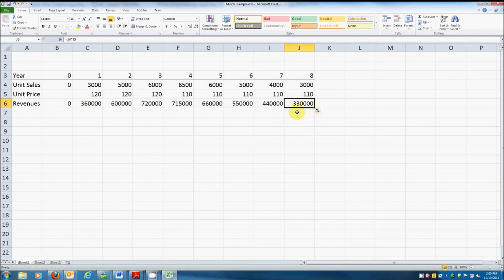That puts a formula in each one of these cells that takes the two cells above it and multiplies them together. Now check this out. I could also click up here on my formula bar, and it'll show J4 in blue and J5 in green. And that's exactly what it does here. So you can see what cells go into a formula simply by clicking up here in the formula bar. Okay, so far so good.